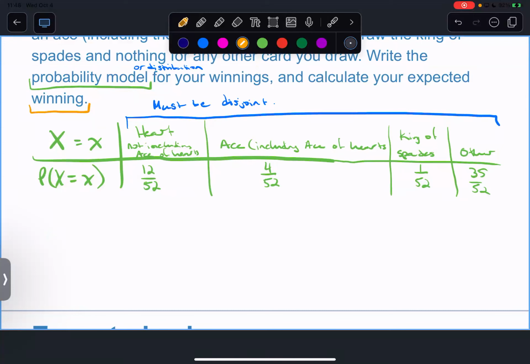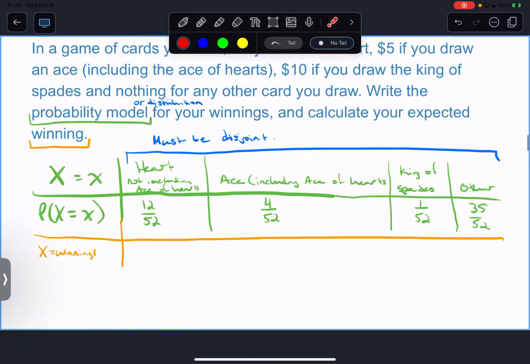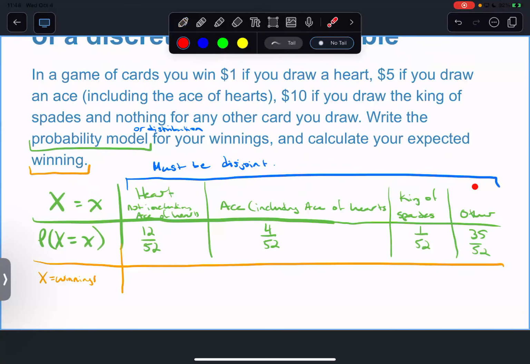If X is the winnings, they're directly related to these outcomes. Now, if you wanted to, you could have written out just initially $1, $5, $10, or whatever it is, and then nothing. But it's easier to figure out the probabilities if you know what the outcomes are that you're looking for.